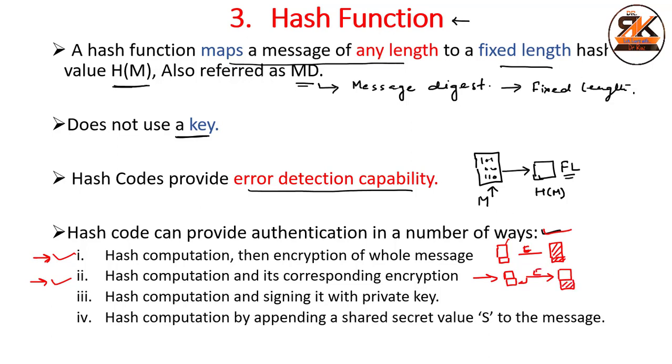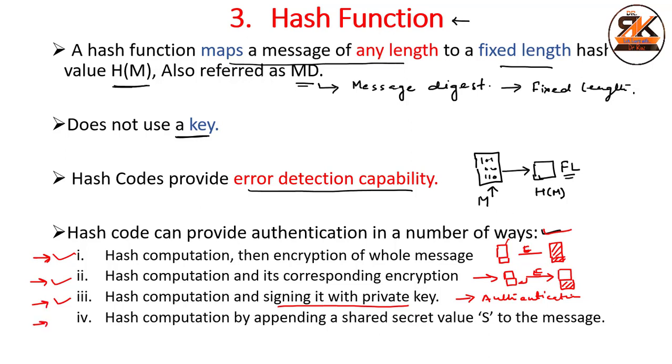So encryption is only provided to the hash value here. After that we have hash computation and signing it with the private key. So when we sign any data with a private key, that will provide you the authentication that proves its legitimacy, the legitimacy or the authentication of the data origin.